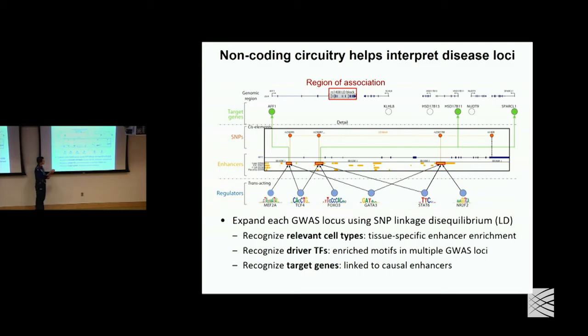Depending on whether this is the causal nucleotide or that's the causal nucleotide, I have a different set of regulators, and I also have a different set of target genes that I infer from these models. And that's where that complexity comes in. These circuits are extremely distinct from one nucleotide to the other. So we have to be very cautious to find the right target gene, the right cell type, the right regulator, and the right causal nucleotide. Who's with me so far?